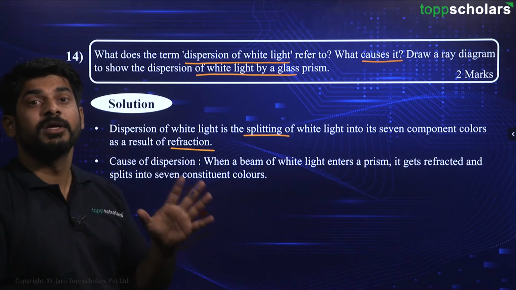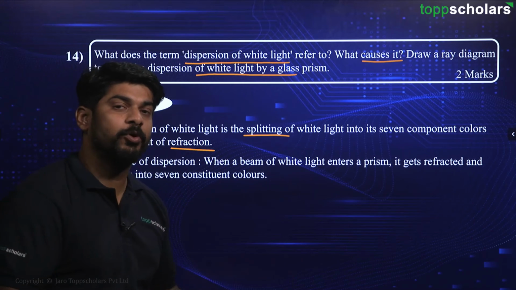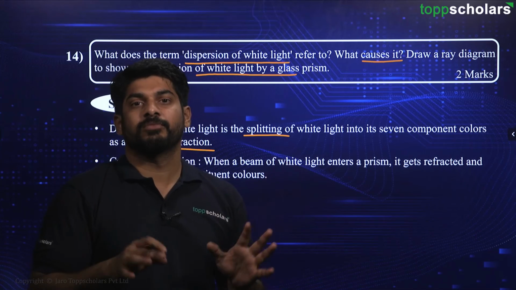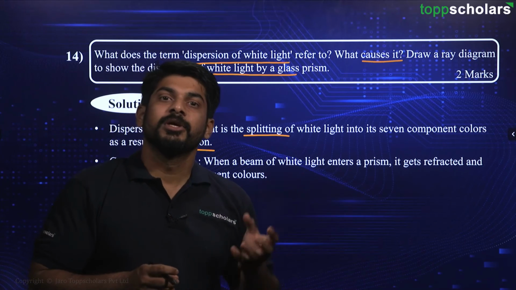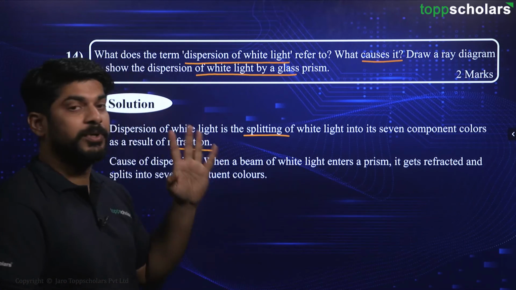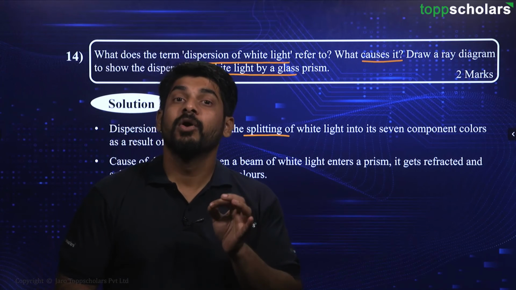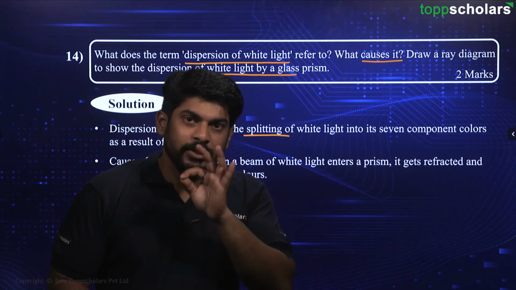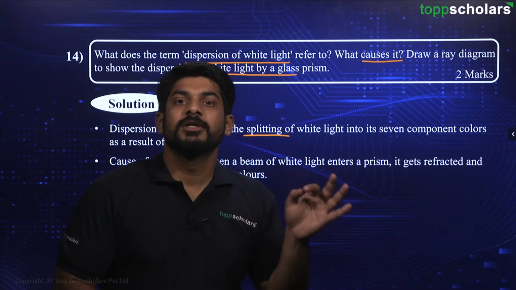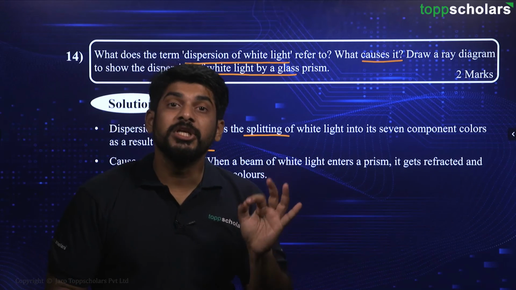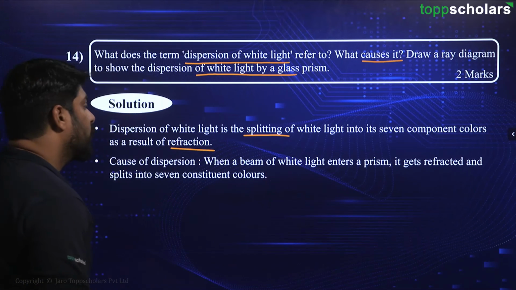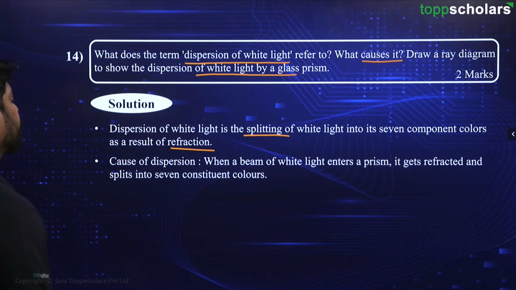But if there are 7 colors, then it will be split into 7 colors. Any medium which is refractive in nature will always cause dispersion, and this is a result of the wavelength of light. Since the wavelength of each color is different, every color deviates by a different angle. That's why dispersion takes place.